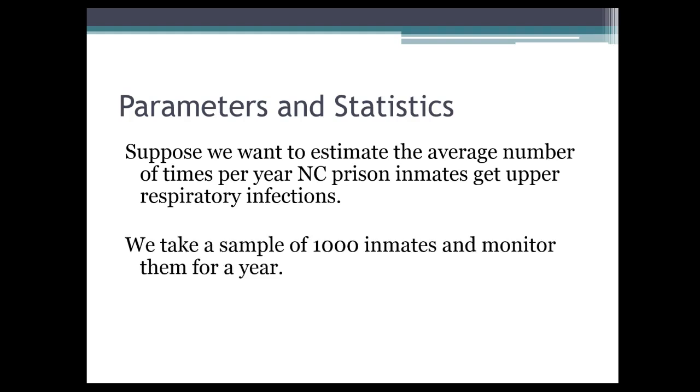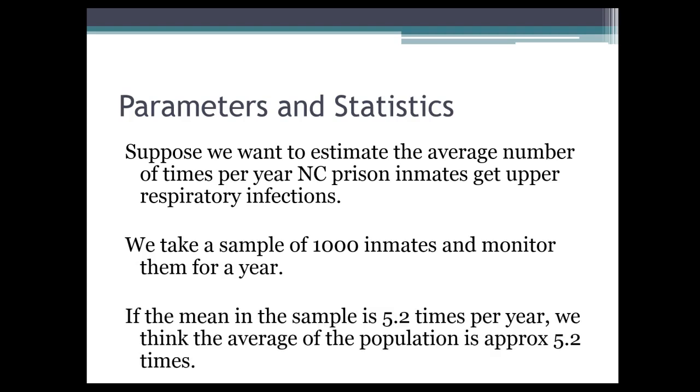If there are too many prison inmates to see the entire population, we might take a sample of 1,000 inmates and see how many colds they get per year. If we find the sample mean is 5.2 times per year, then it's a reasonable estimate to think that the population mean is about 5.2 colds per year.